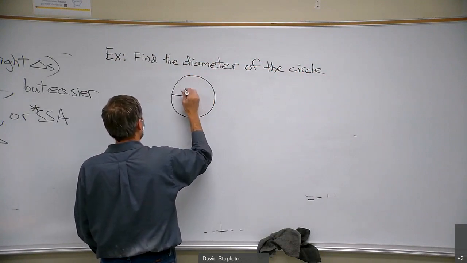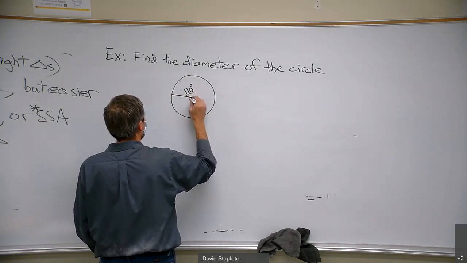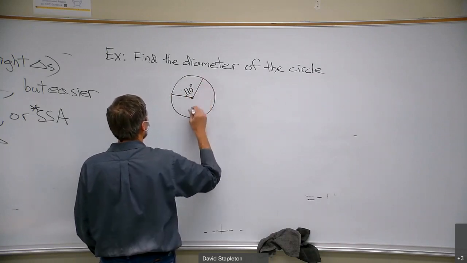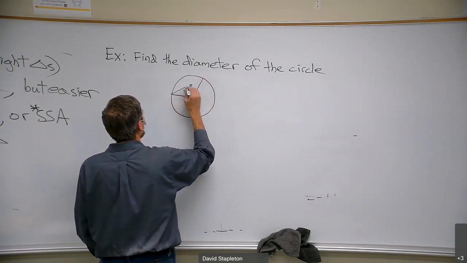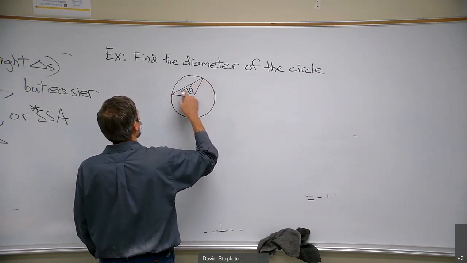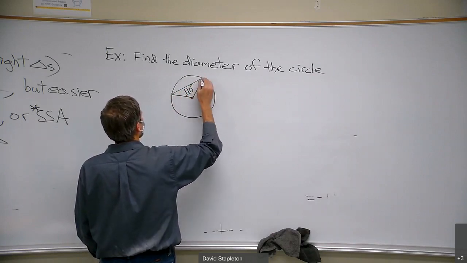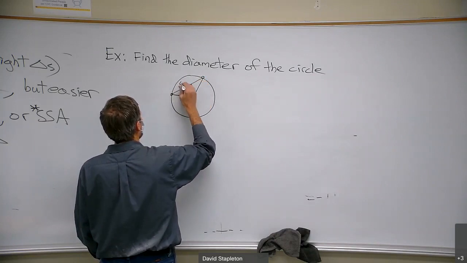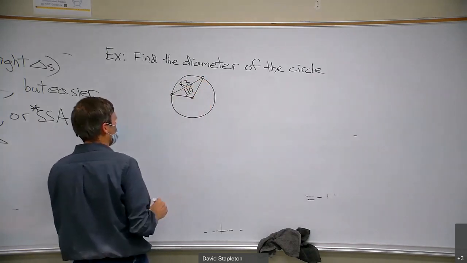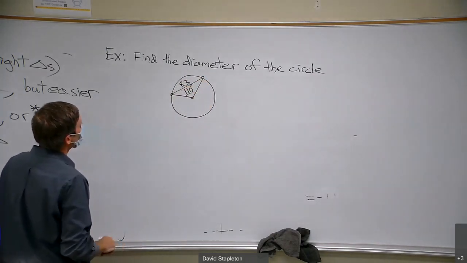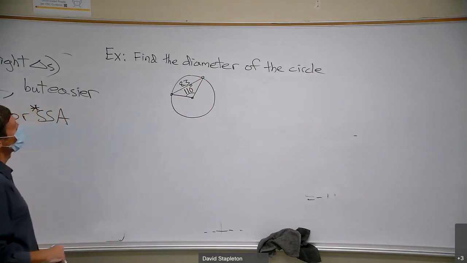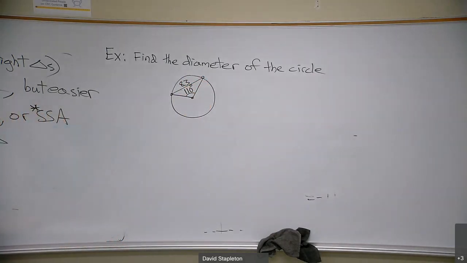If I take a 110-degree central angle, meaning an angle from the center of the circle, this chord up here that goes between the 2 intersection points on the circle has length 8.3 feet or inches or something. What's the diameter of the circle from that? Kind of nice because it teaches you a little geometry too, right?